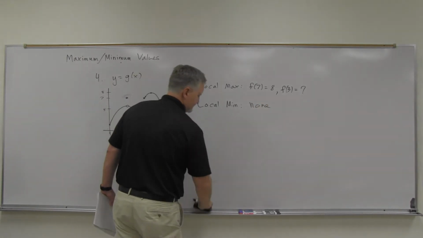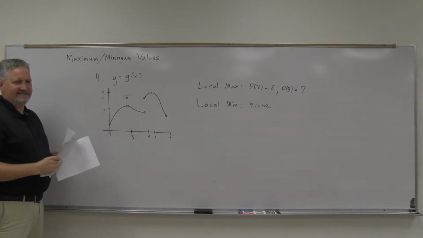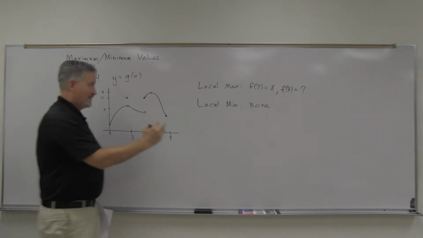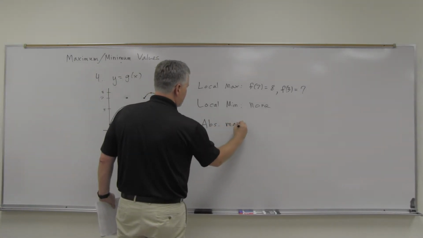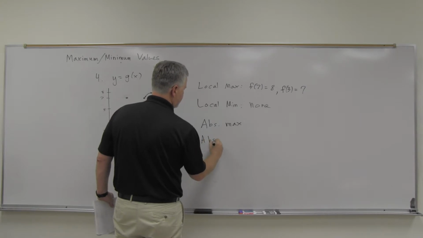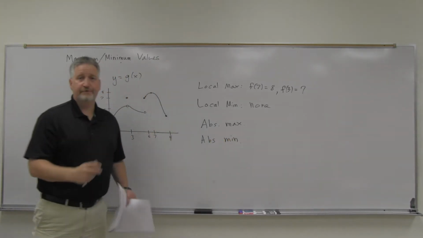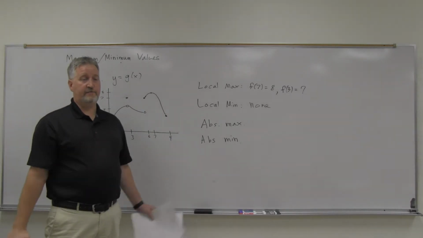It's a little technicalities there because of technicalities. All right? Absolute though. Well, this is one where, remember on absolute, we said you could look at just a specified domain.